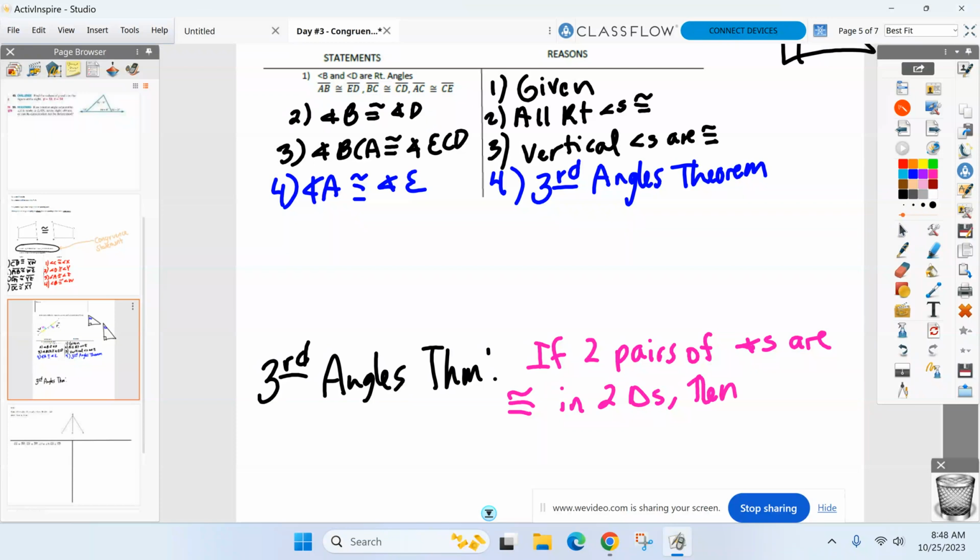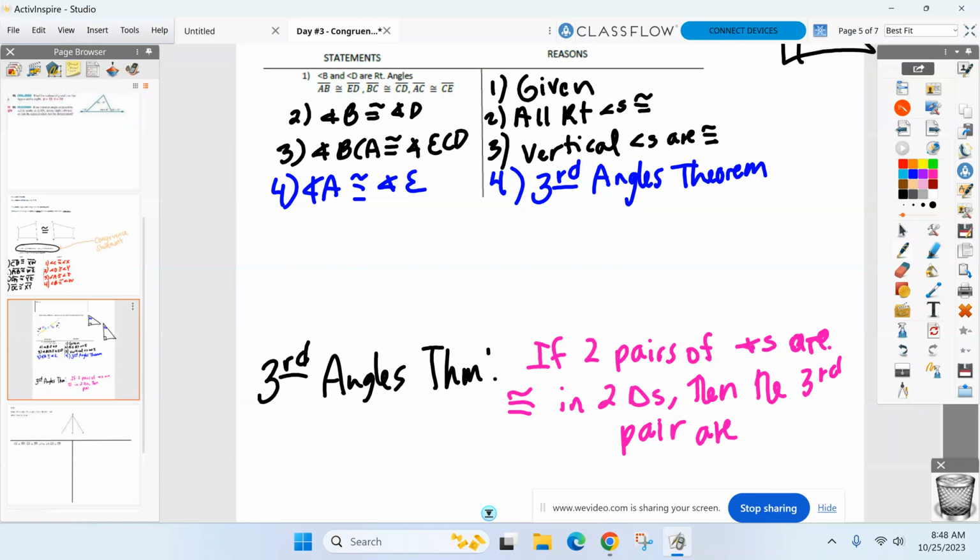If two pairs of angles in two triangles are congruent, then the third pairs are. The third pair is. That's not good English. So that's how, if you're still looking for a third pair of angles, that's how we're going to give it.